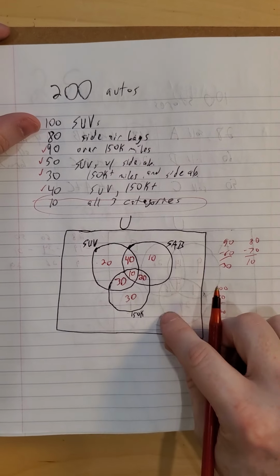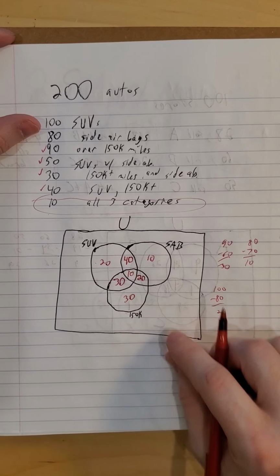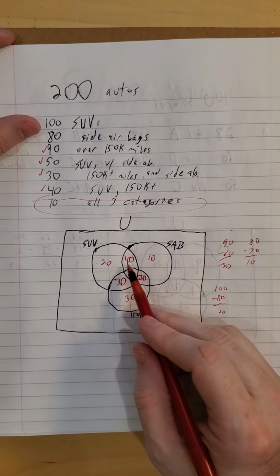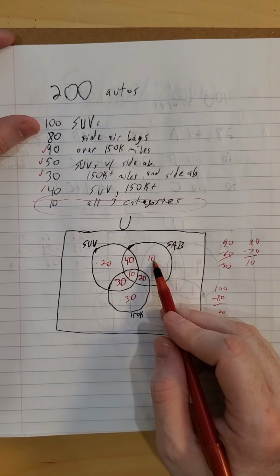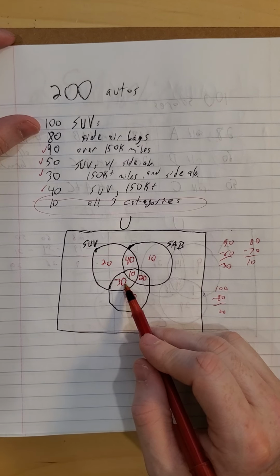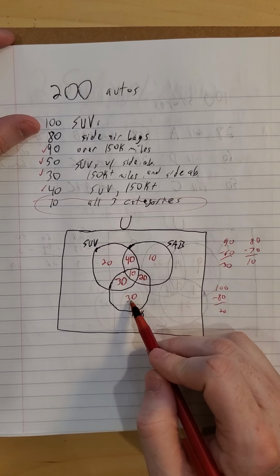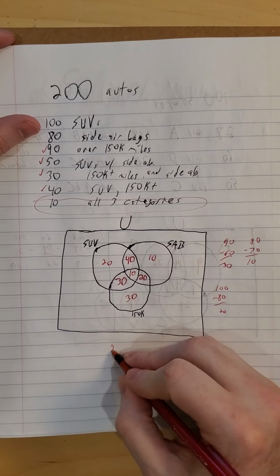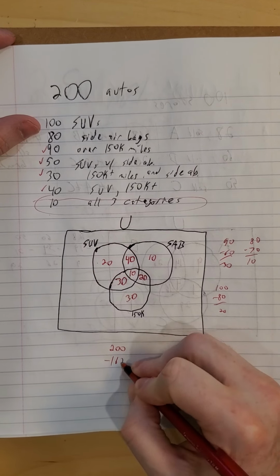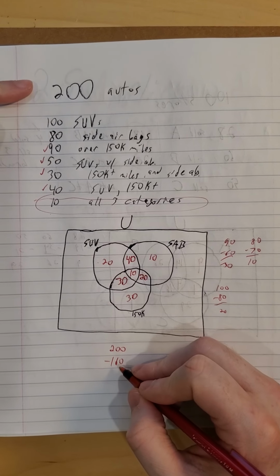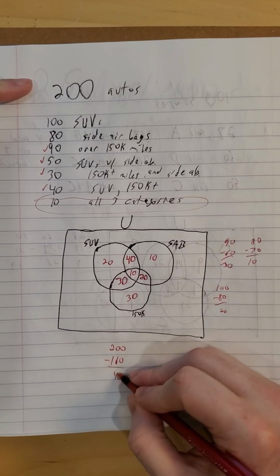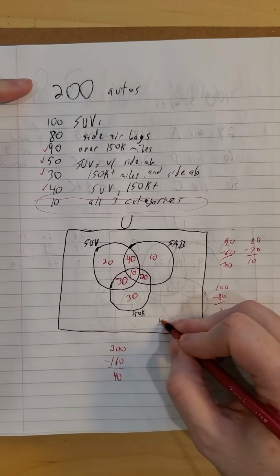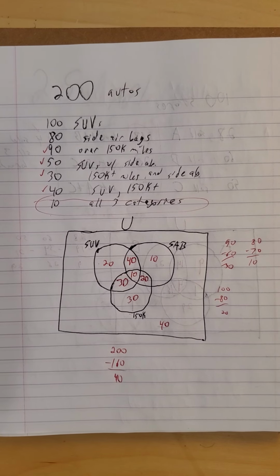So then, don't forget our Region 8. So we have 20 plus 40, 60, 70, and 30, 100, 110, 130, 160 total. 160 are on the board, 200 autos were in the study. There's 40 that fall outside of these categories.